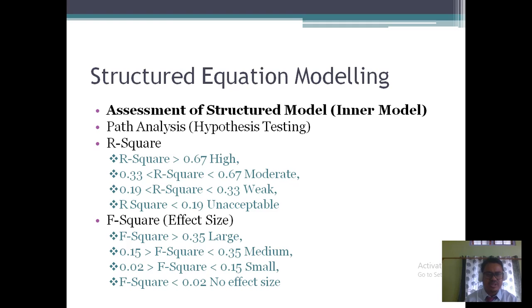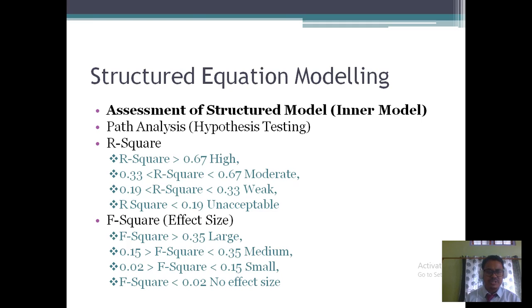So the first measure in order to validate the quality of the structured model is the R-square, which is also known as the percentage of variance explained of the endogenous variable. It is the same R-square which we have studied in linear multiple regression.